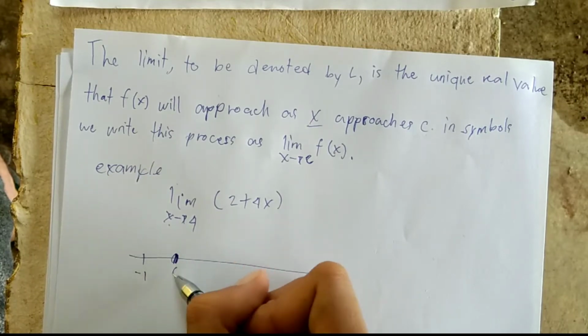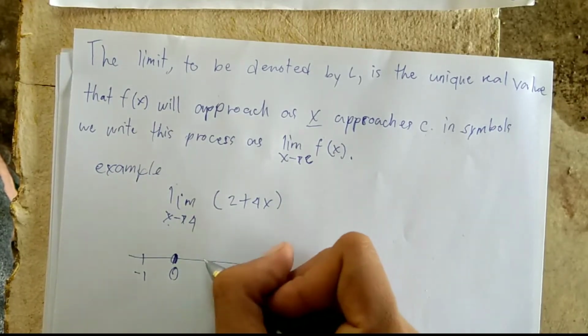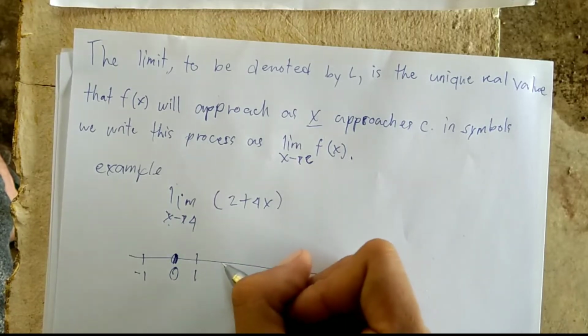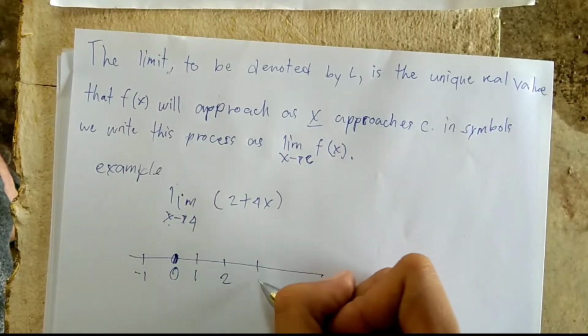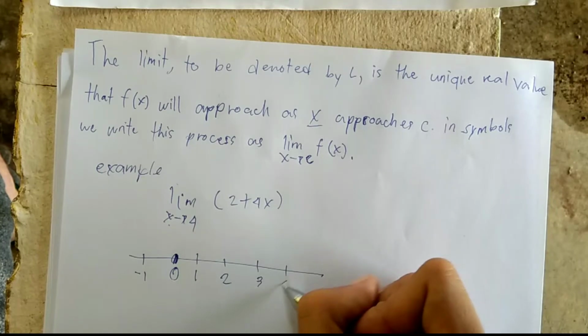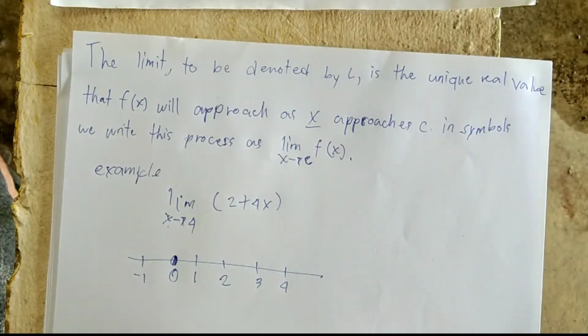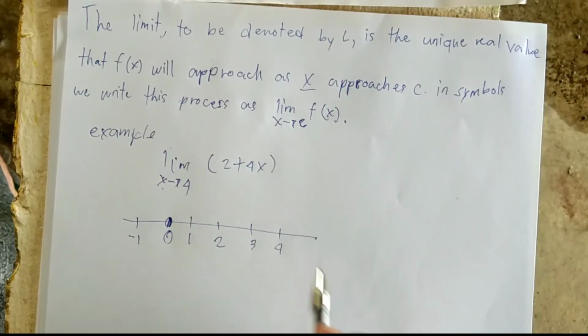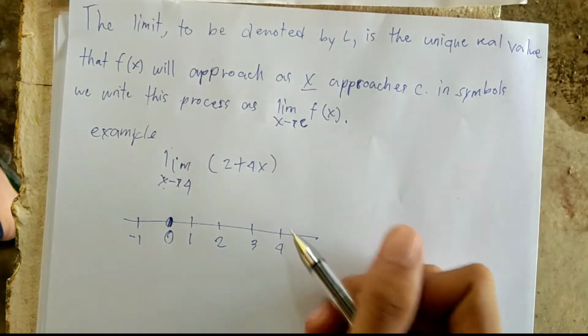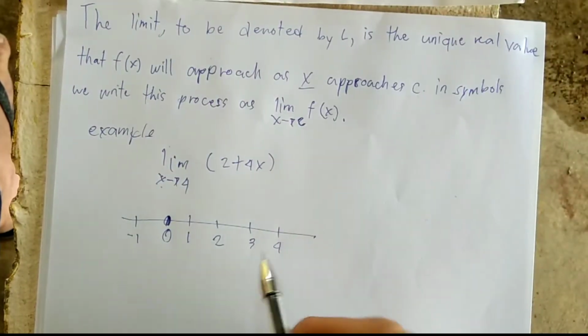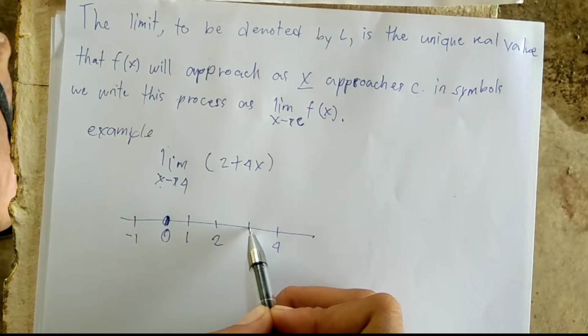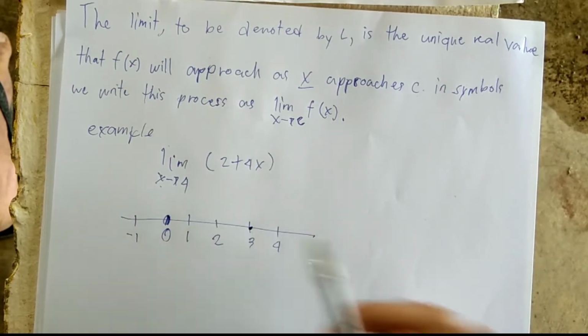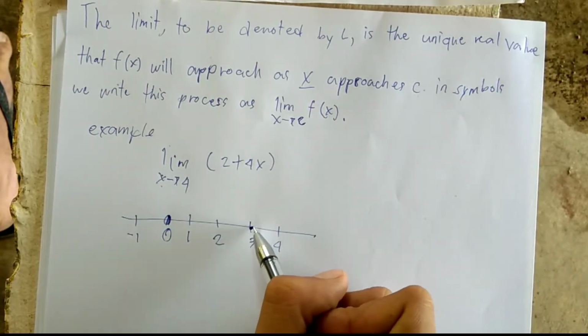Wait lang. Mistake. 1, 2, 3, 4. So, let's just say na ito yung x natin, yung 3. Tapos, papalapit siya sa 4.